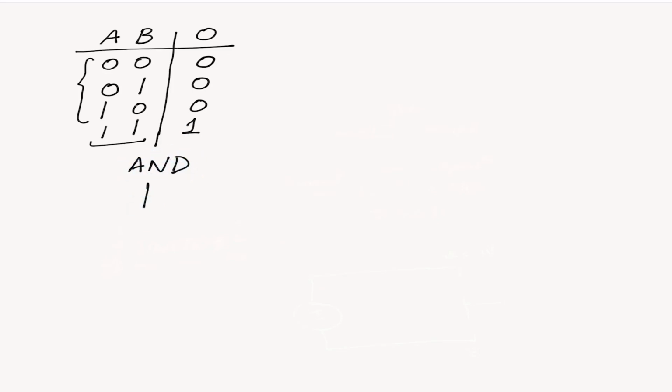Its notation is this: inputs A and B and output O. This was AND. So let's look into another device, which I call the opposite of AND, or NAND.